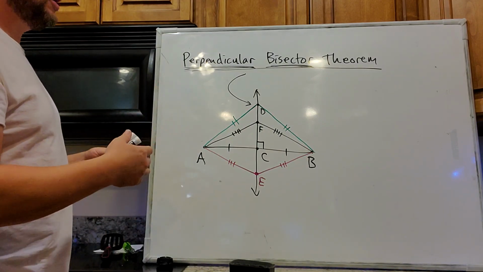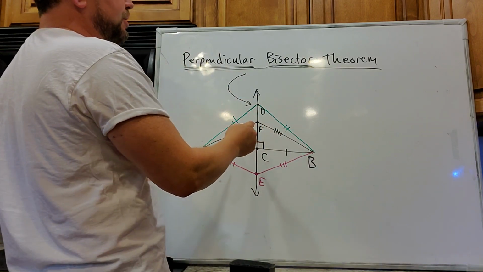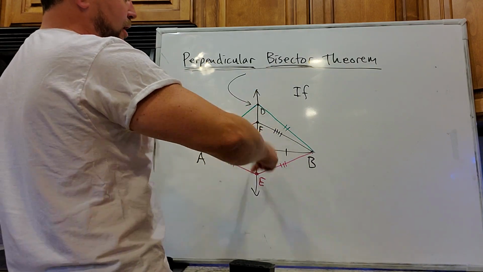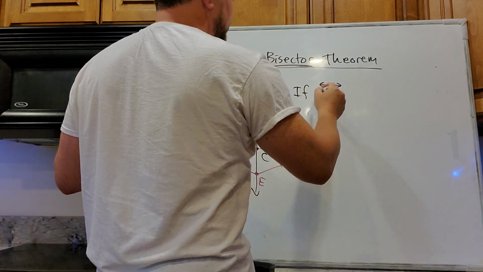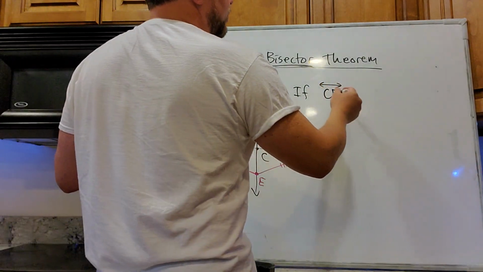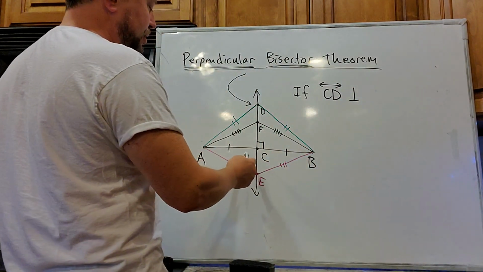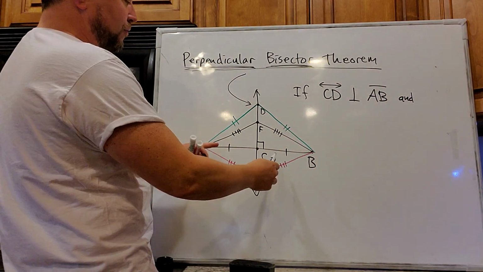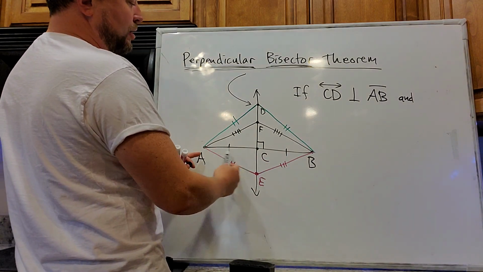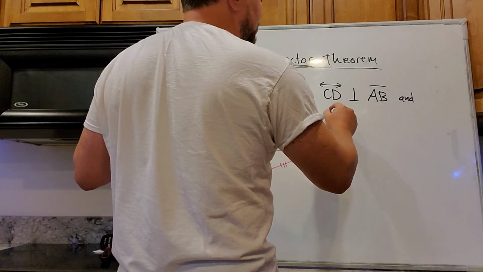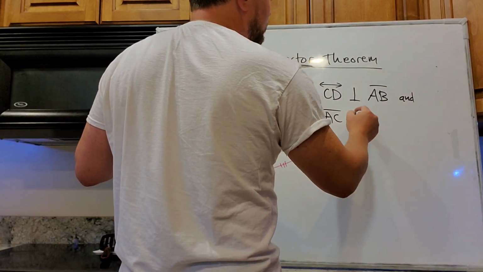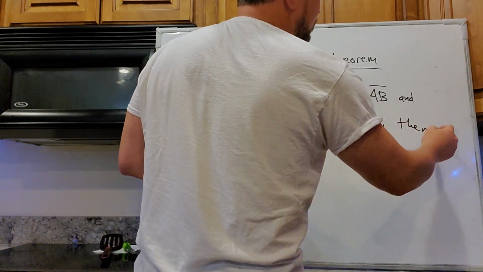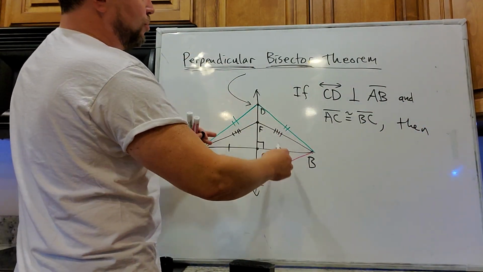Okay, so the converse would flip things around. Now keep in mind, this one originally said if DC here, this line along here, was both perpendicular to AB and if it bisected AB, so if AC here and BC here were congruent, we came up with a conclusion then that any of these additional points we picked were going to be the same.